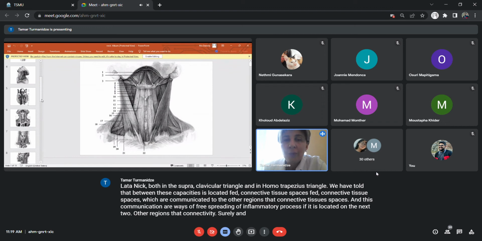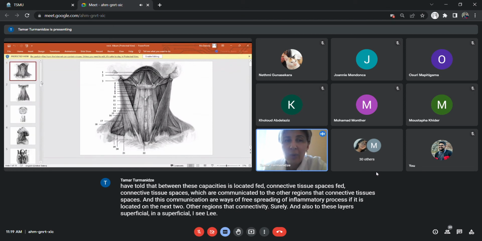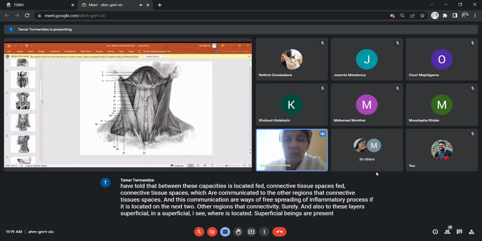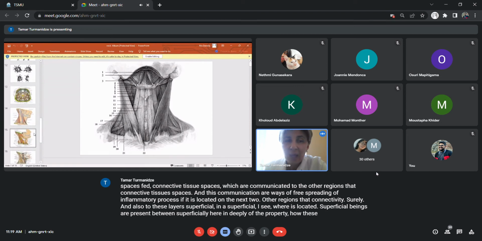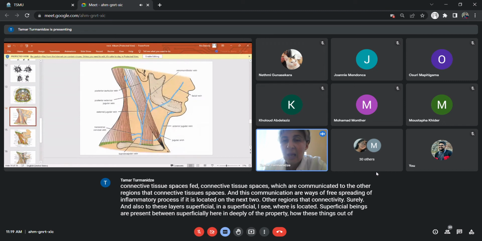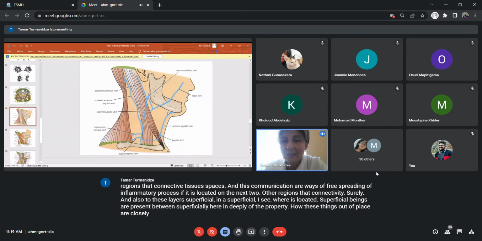And also to these layers, the superficial fascial layer, where the superficial veins are located. Superficial veins are present between the superficial layer and the deep layer of the proper fascia. The outer wall of these veins is closely connected to the fascial layer.